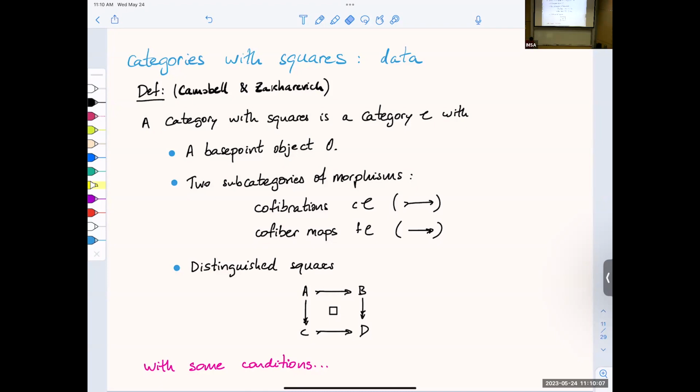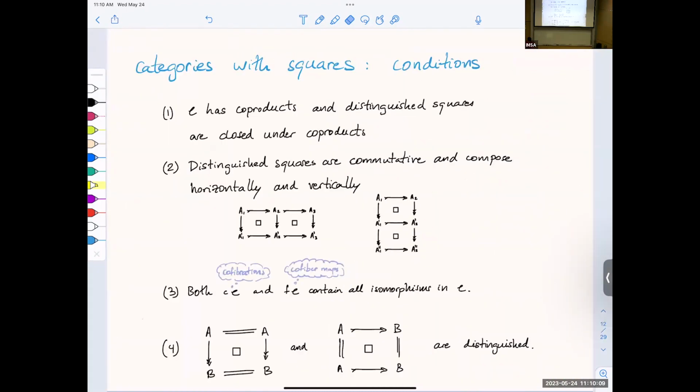Now, of course, there are some conditions. What are the conditions here? The category has co-products and distinguished squares, and those are closed under co-products. The distinguished squares are commutative, and you can stack them. You can compose them both horizontally and vertically, and you have this notion of composition.